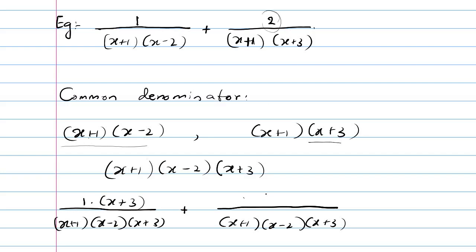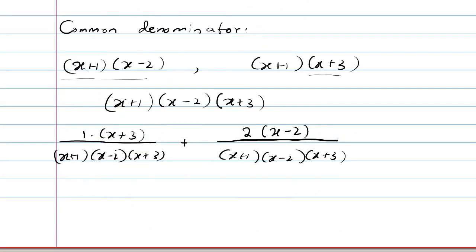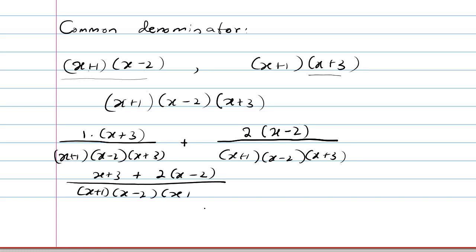So that means we have 2 times x minus 2, which is the missing factor from the denominator in the first fraction. Alright, so the first fraction is just x plus 3, plus, I'm just going to combine everything together, 2(x minus 2) over (x plus 1)(x minus 2)(x plus 3).